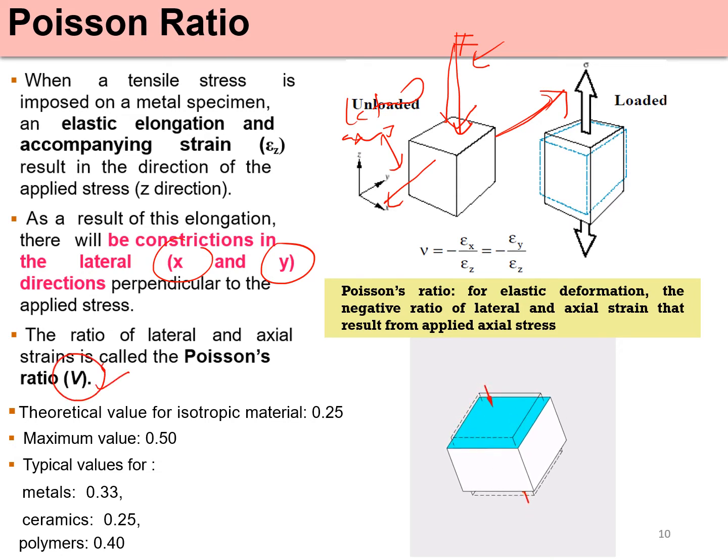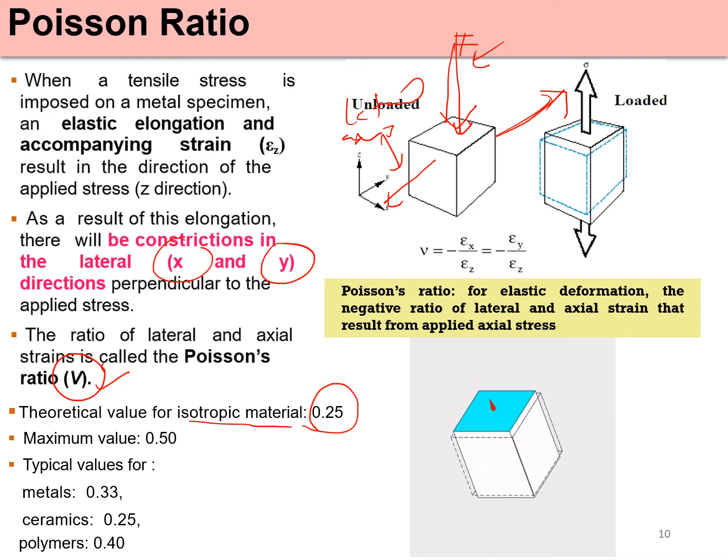Normally, theoretically, most materials have a nu between 0.0 and 0.5. A perfectly incompressible isotropic material has a theoretical value of 0.5, and isotropic material means that the material has the same properties in all directions.